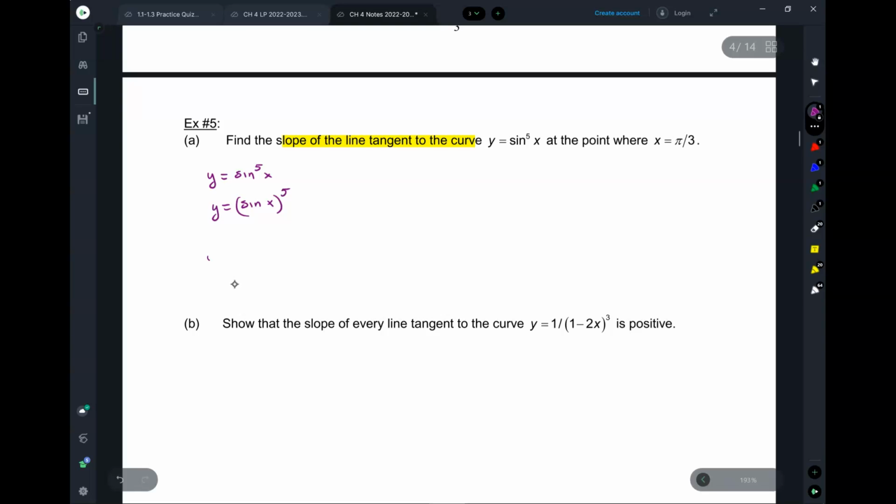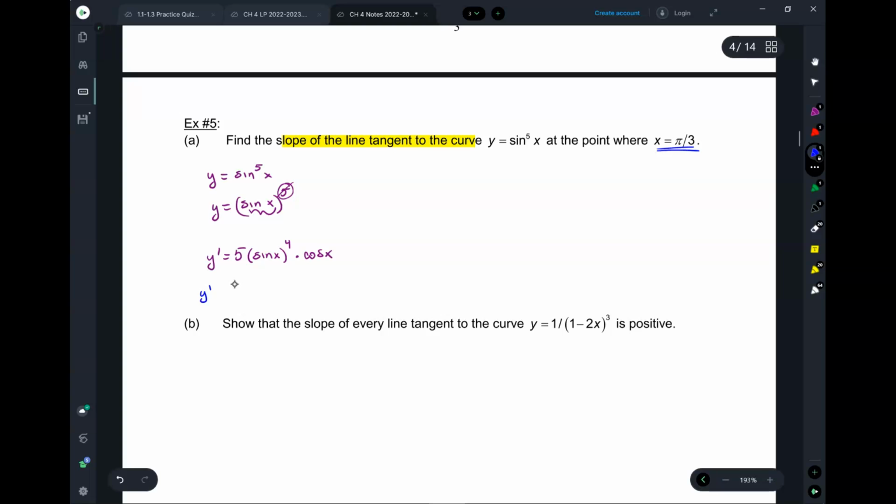That's what sine to the 5 means. So how do I take a derivative? First, take care of the 5. 5 comes down, sine x to the 4, times, go inside, the derivative of the sine is cosine. But I want this at pi over 3.